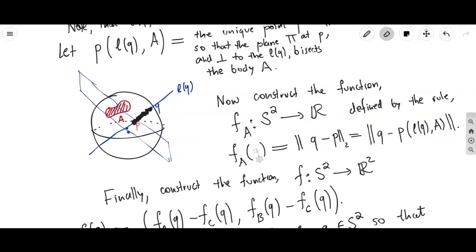FA of Q0 would mean it's the distance. So it's a point on this line. So on this line, you're going to find the point that bisects the region, right? It bisects the body. And FA of Q is just the distance between the bisection point and Q, right?